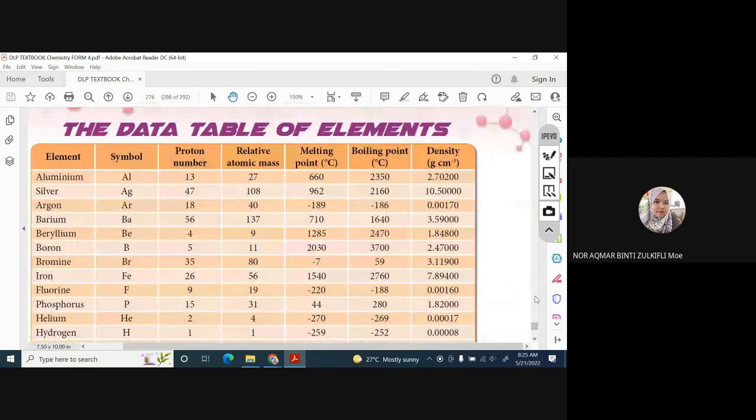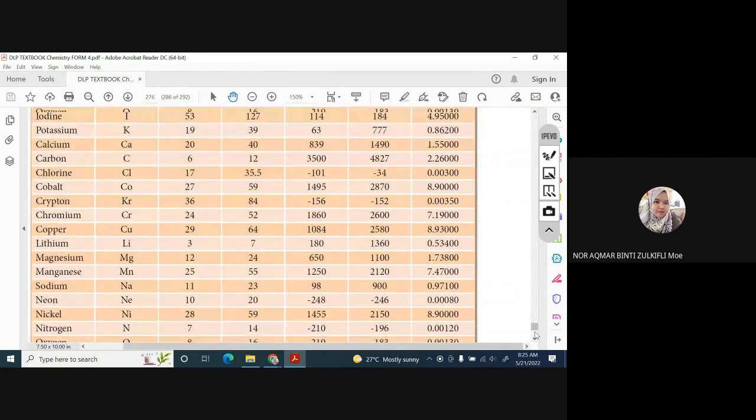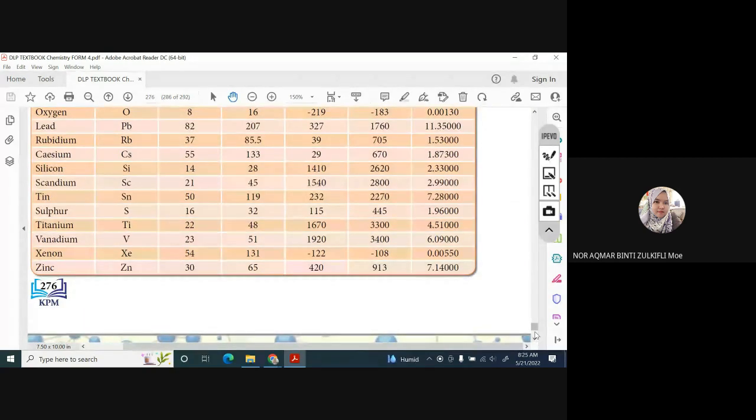Okay, actually from your textbook, page 276, because the exercise just now did not give you the details, right? The hydrogen, the oxygen just now. So please refer to page 276.